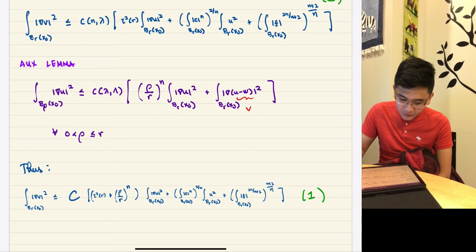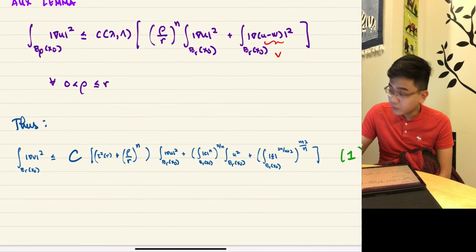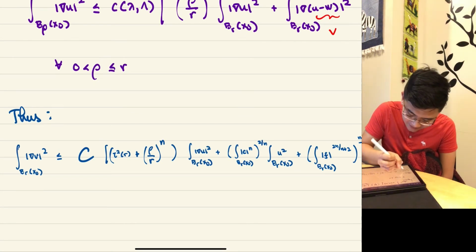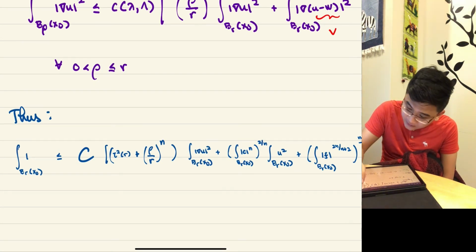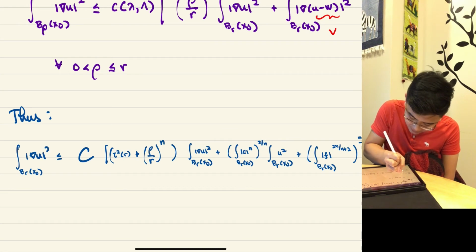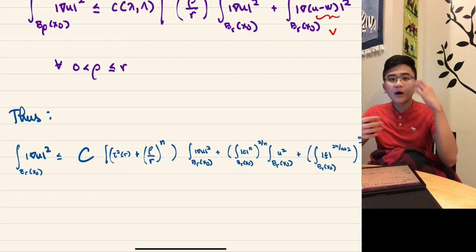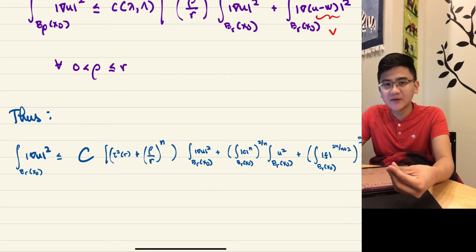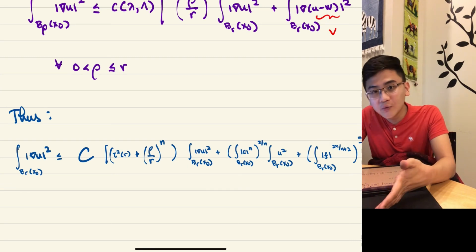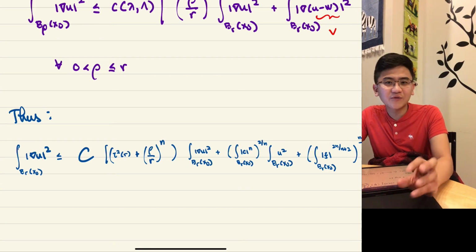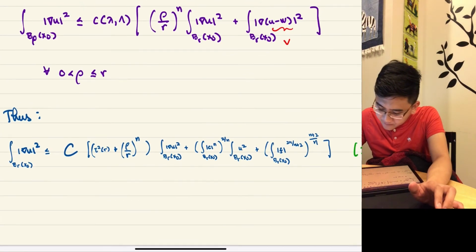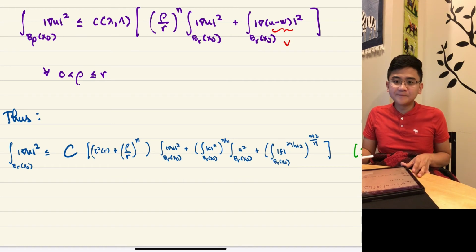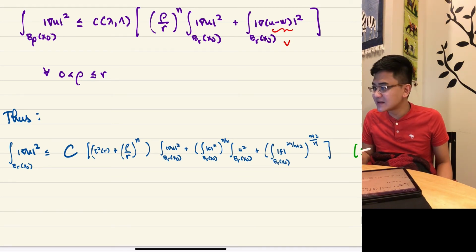Okay. So what is the next step? This is not supposed to be grad V, this is grad U, I'm sorry. Grad U. What is the next step? So remember, the goal is to obtain some gradient estimate on U, where the estimate is sort of weighted by a power of R. So here, that doesn't appear yet. So there are a bunch of major steps that we still need to do, okay?